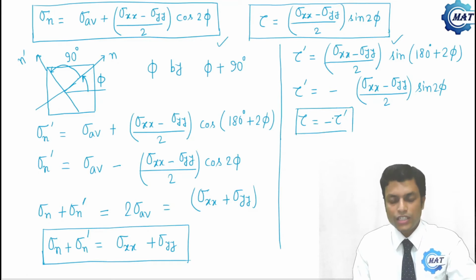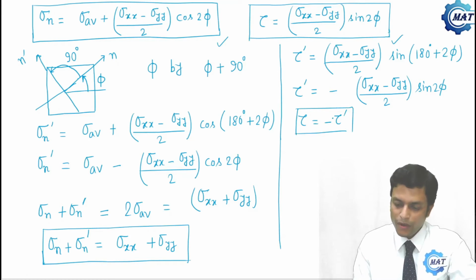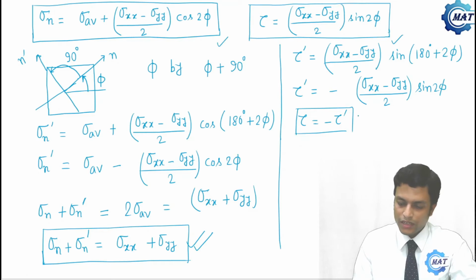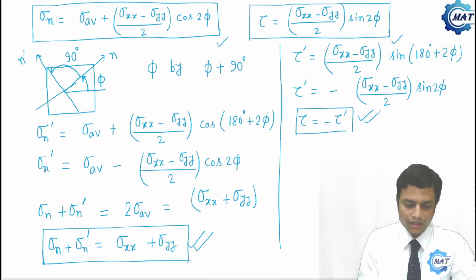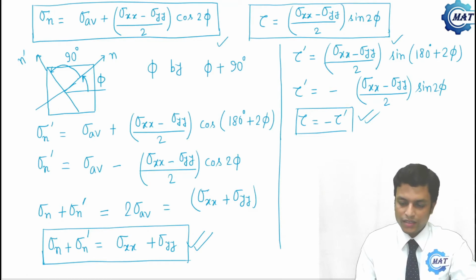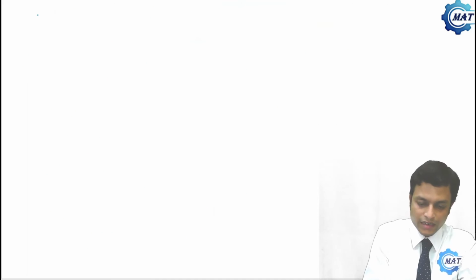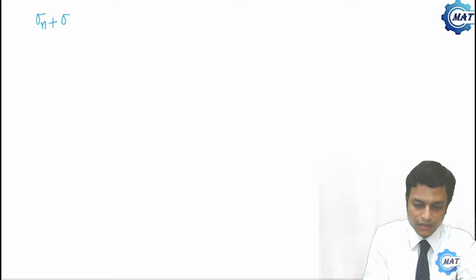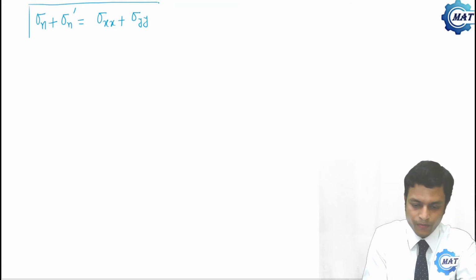So this is the relationship for complementary normal stress and this is for complementary shear stress. By Mohr circle, how can we determine the values of complementary stresses? The relationship we got is sigma n plus sigma n prime is sigma xx plus sigma yy. This is one relationship, and tau is minus tau prime.